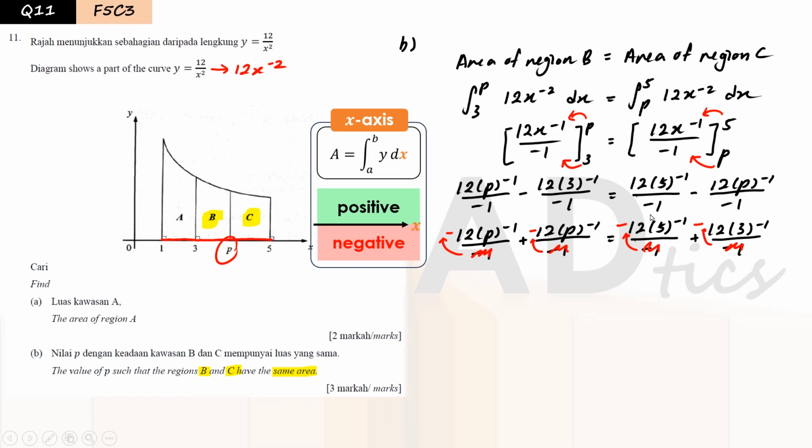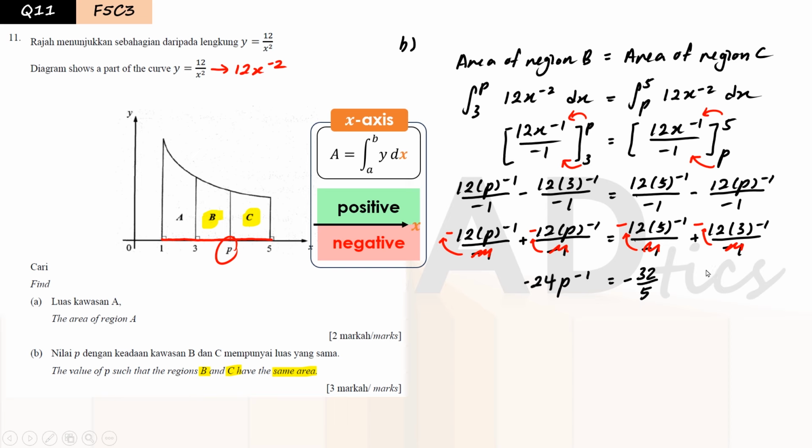On the left side here, you can see that these two things are actually the same, so we can just add them up together. So it will be negative 24p to the power of minus 1. For things on the right side, we can just put it into the calculator. It will become negative 32 over 5.